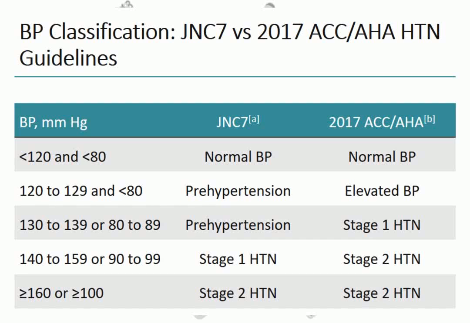And it also defines 120 to 129 over less than 80 as elevated blood pressure. But I don't think they will use this in your exam. Just remember, probably the common denominator in these two guidelines is that anytime you have a blood pressure of 160 and above systolic or 100 and above diastolic, both of them classify these as stage 2 hypertension.